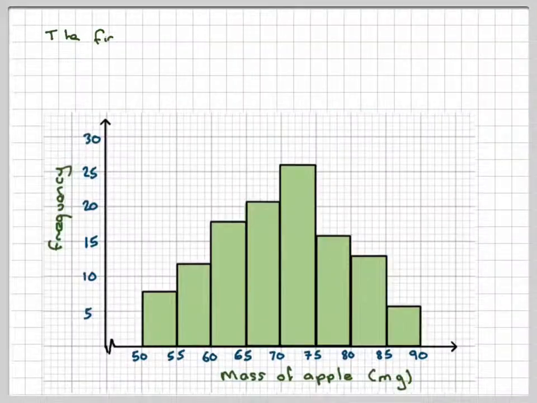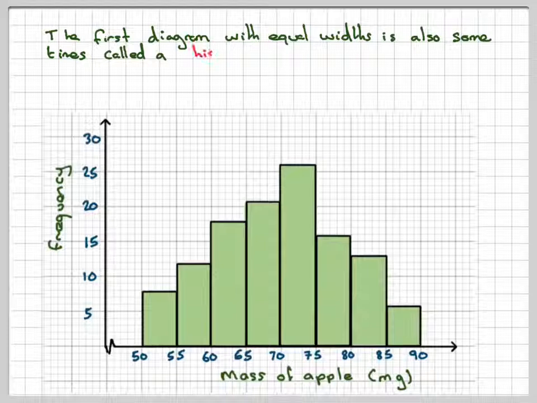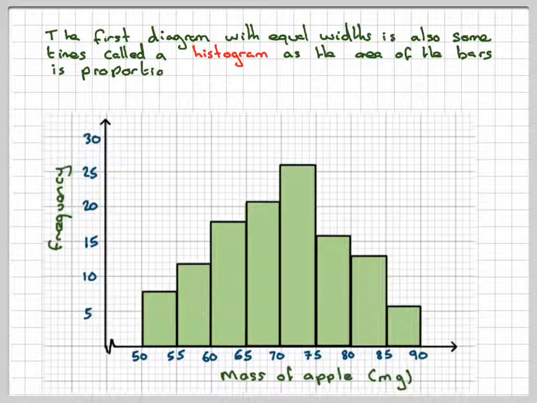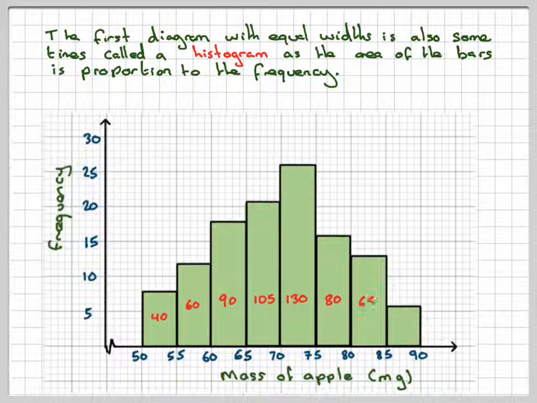Now, you should also bear in mind that the first diagram with equal widths is also sometimes called a histogram. This is particularly true if you do the IB, because the area of the bars is actually proportional to the frequency. If we work out the area of each one, that one's 40 because it's 5 times 8. This is 5 times 12, and we carry that process on. If we add those up, we get 600.